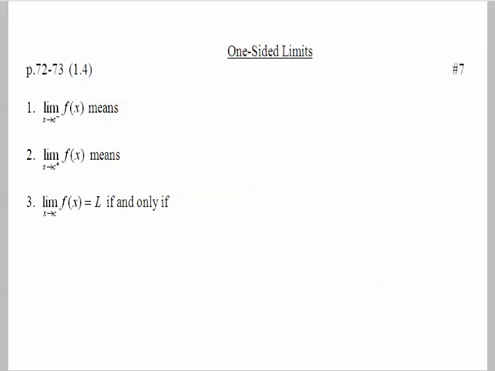So we're looking at this notation right here, the limit as x approaches c from the left. It looks like a little negative symbol, meaning it's coming from the negative side. This is the limit from the left.